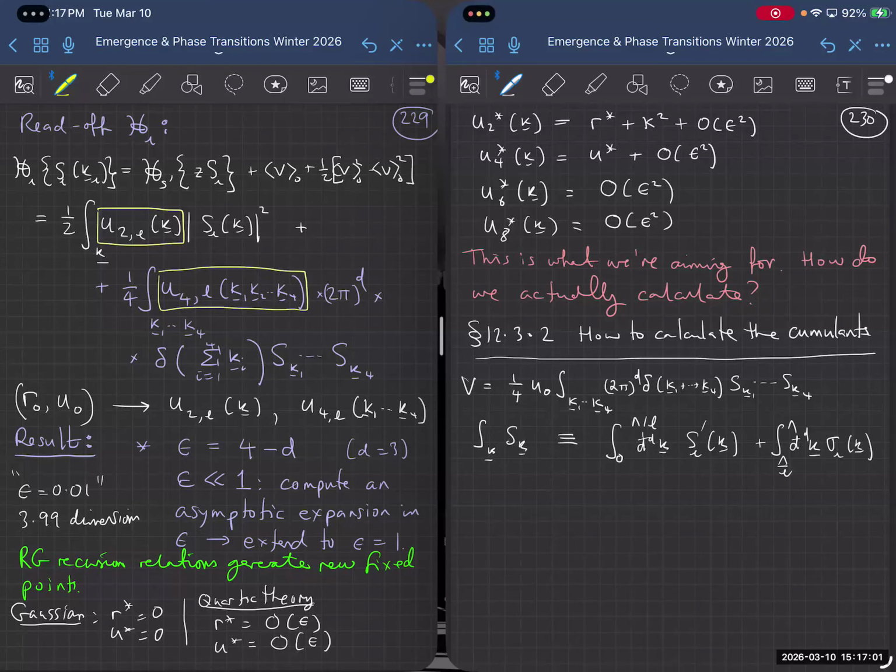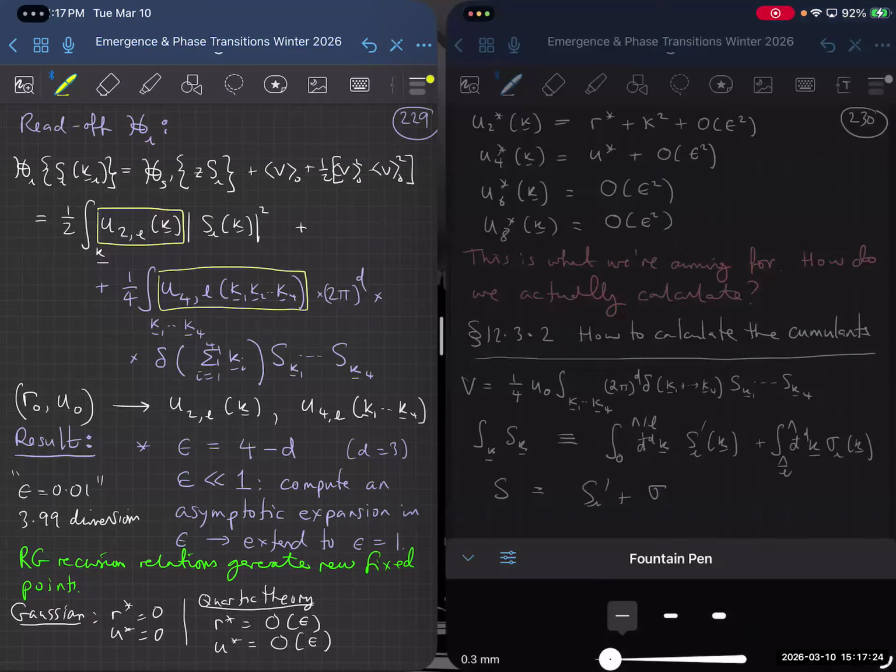So when I write down S, I'm going to write that as S prime plus sigma. But remember, each of those terms comes with an integral, and the limits on those integrals aren't the same. The limit in one integral is naught to lambda over L. The limits on the other integral are lambda over L to lambda.